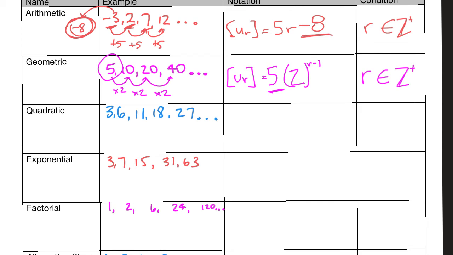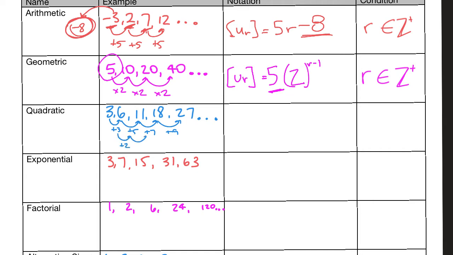Okay, now the quadratic one is really interesting, at least to me, but I'm a math nerd. So here, I'm adding 3, and here I'm adding 5, and here I'm adding 7, here I'm adding 9. That tells you it's not arithmetic. It's also not geometric, but look at what happens when you find the second differences.